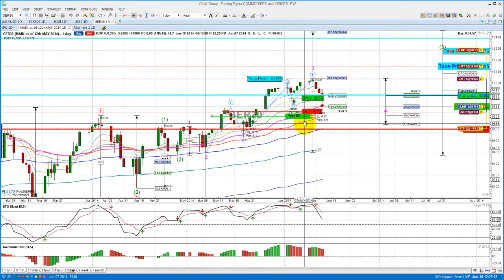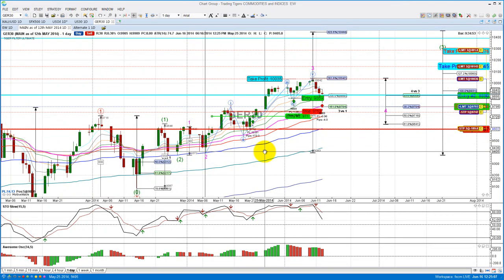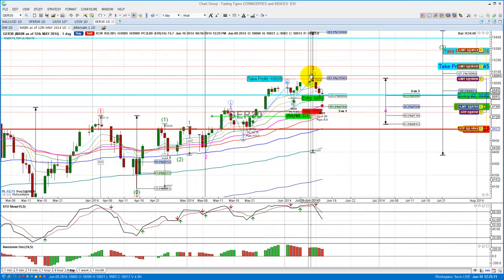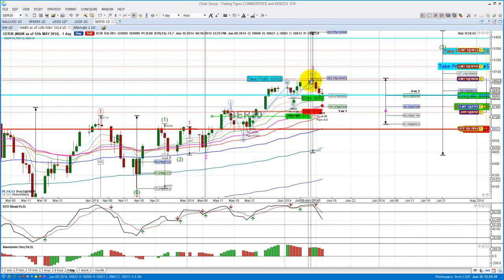Our first trade, 9711, is in a profit of 173 pips. It didn't close. We entered it here at 9711. It didn't close out. We missed it by just a point at the level of 261 Fibonacci.